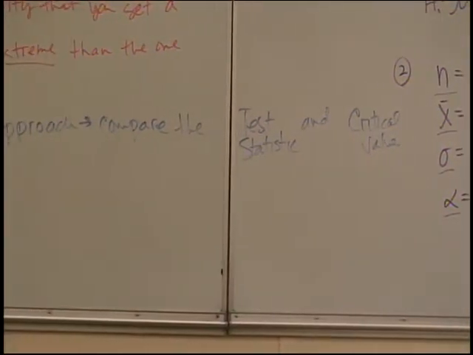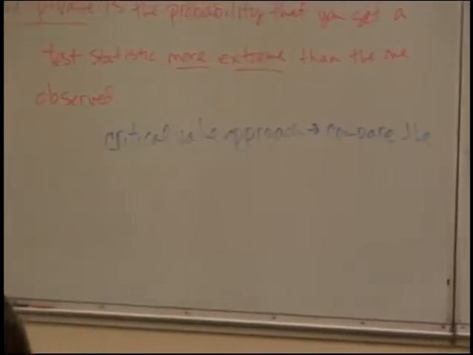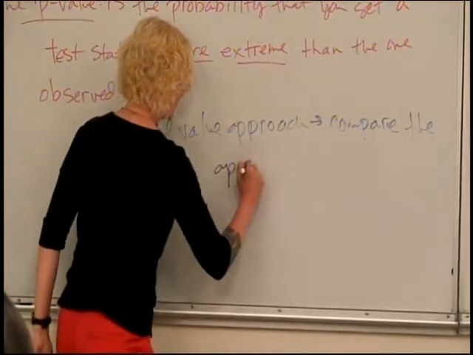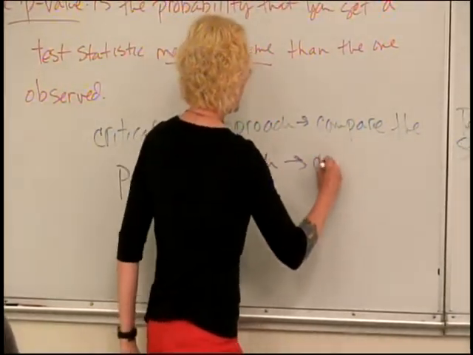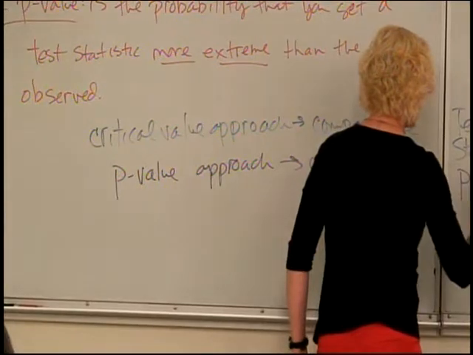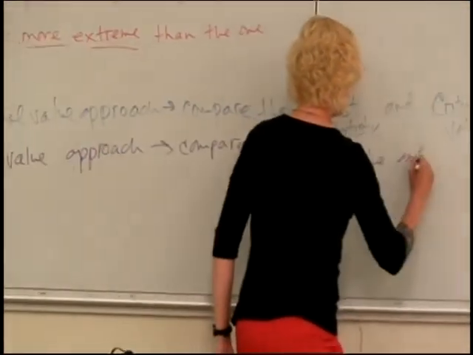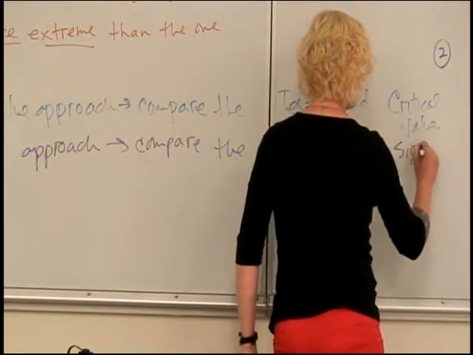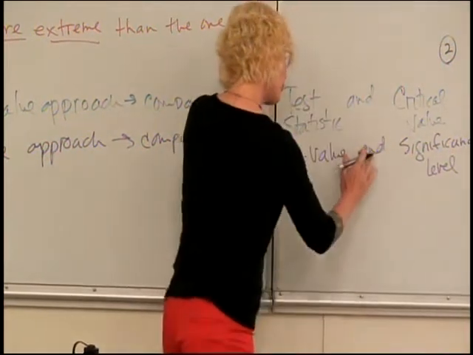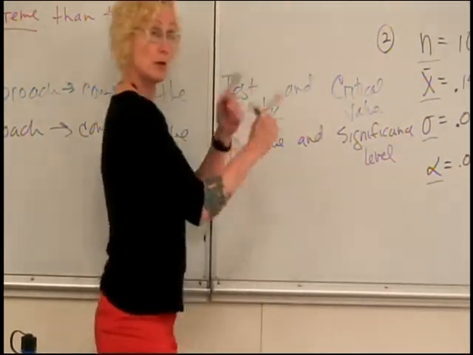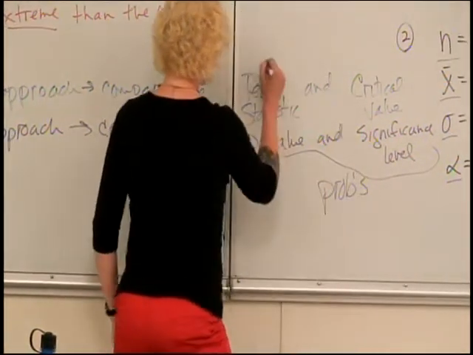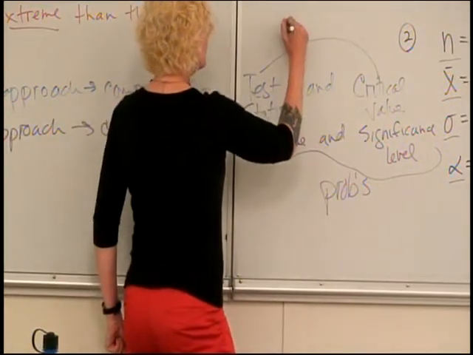In the p-value approach, you compare the p-value and the significance level, which are both probabilities. So these guys are probabilities. These guys are z or t values.